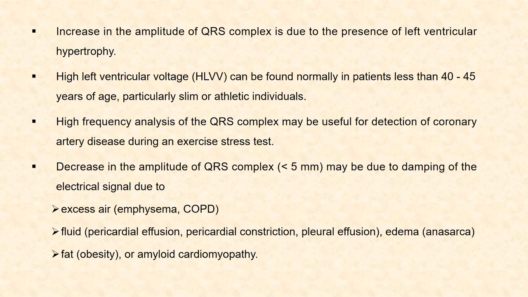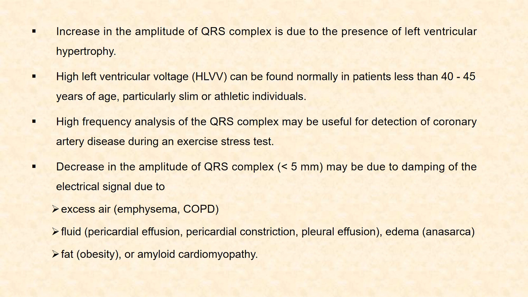Generally, the amplitude of QRS complex increases due to the presence of left ventricular hypertrophy. High left ventricular voltage can be found normally in patients less than 40 to 45 years of age, particularly slim or athletic individuals.